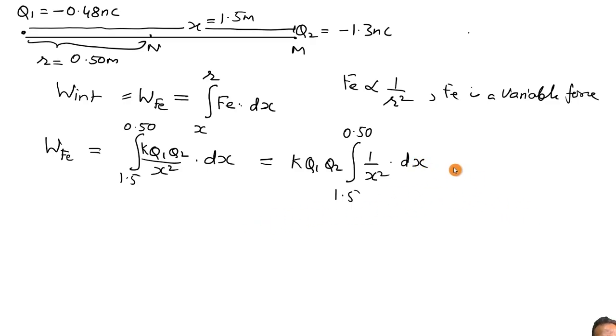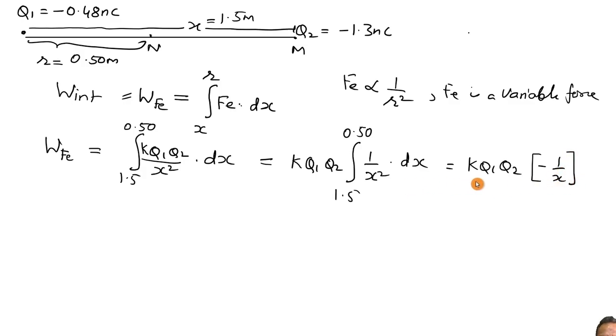This will again work out to K Q1 Q2 times the integration of 1 upon x square. This is a definite integration, you have lower and upper limits. So the integration of 1 upon x square is minus 1 upon x, right?